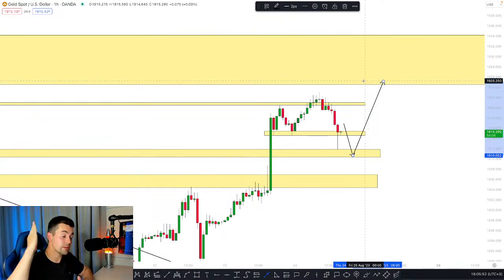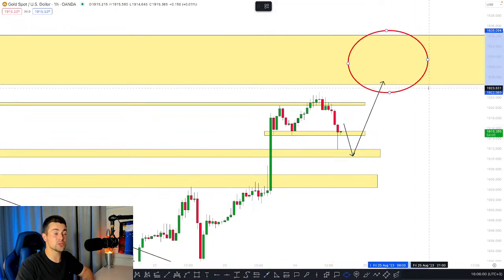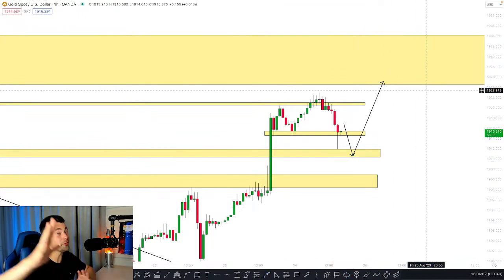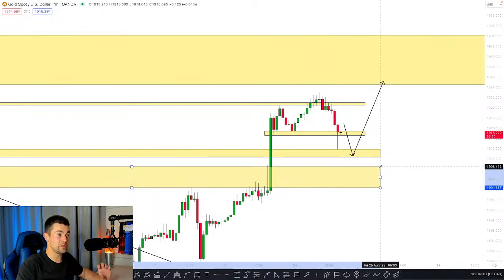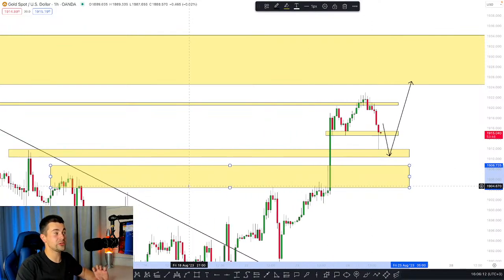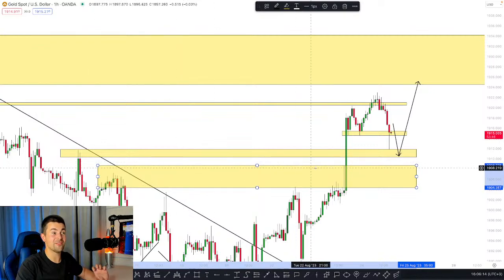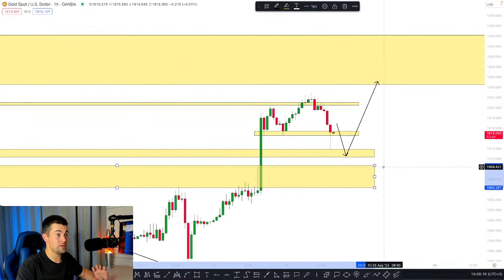Remember that we made a prediction on a daily time frame that the market will reach that resistance cluster here. But in order to reach that, the big players need the liquidity, and they will look for that liquidity from the intraday supports. And we have a lot of them here.